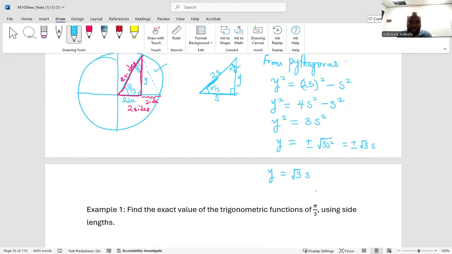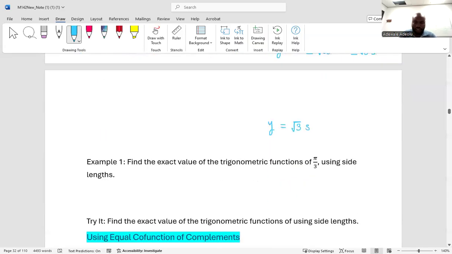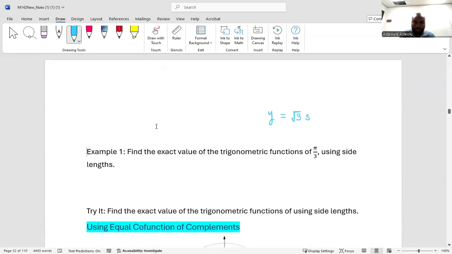Now, we do have this triangle. This is pi over 3, this is pi over 6, and this is 90. Here is root 3 s, here is side, and here is 2 side, that is 2s.